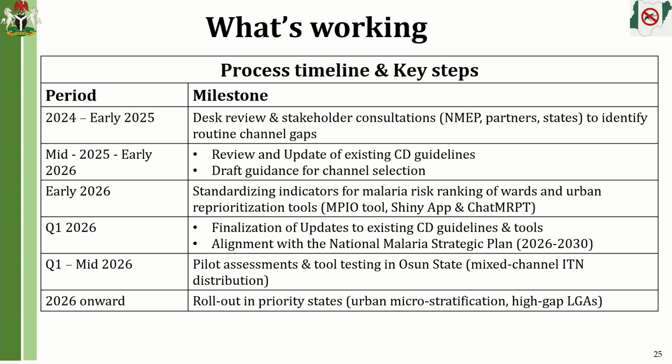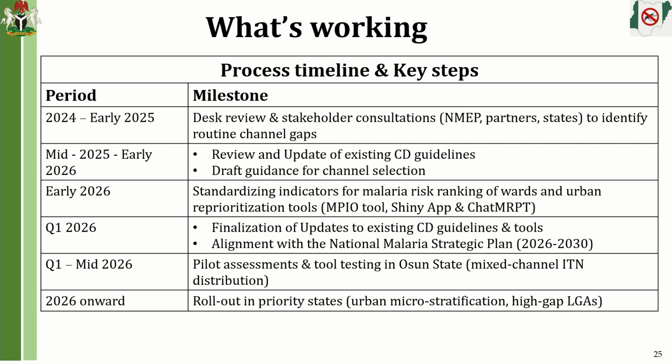Okay, just to give you a preview of the process that we have gone through, this started in 2024. We had a desk review. Like I said, our guideline was updated a long time ago, so there was need to have stakeholder consultation at both the national and subnational level to identify what are the challenges, what are the gaps. Then based on that, there was a desk review of the guidance.